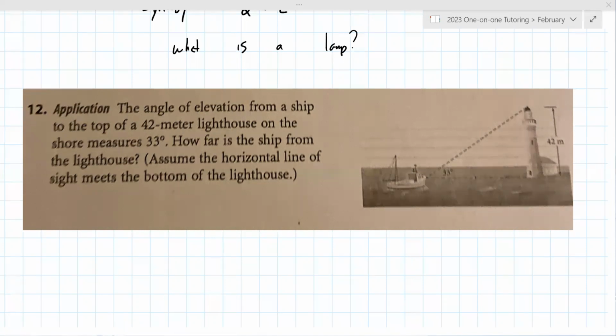33. And then, sorry, I just have one question. The tan would be like tan 33, that's right, correct? Okay, just double checking.